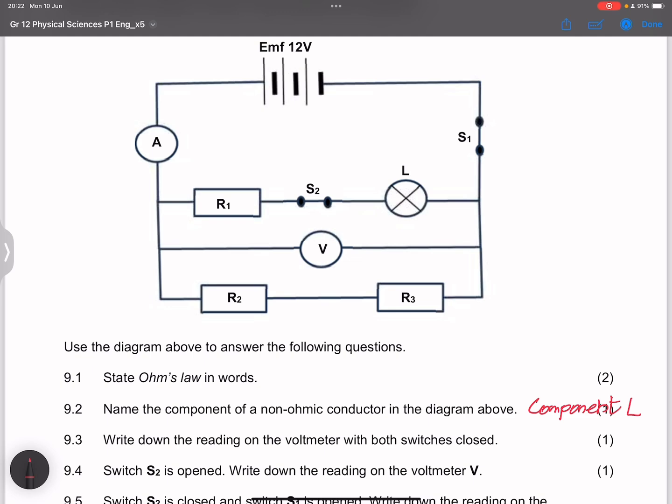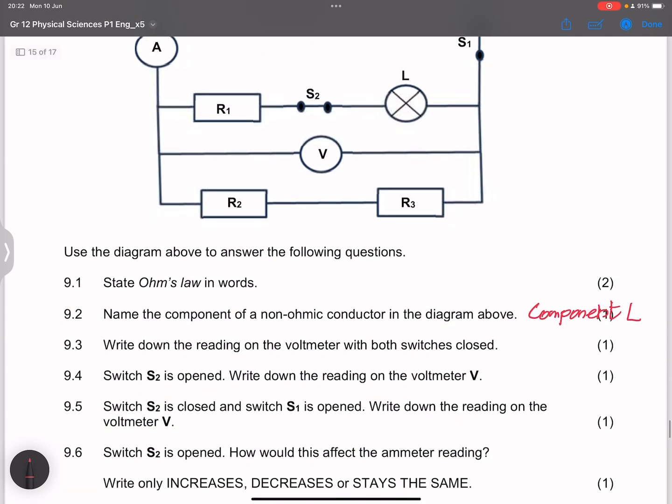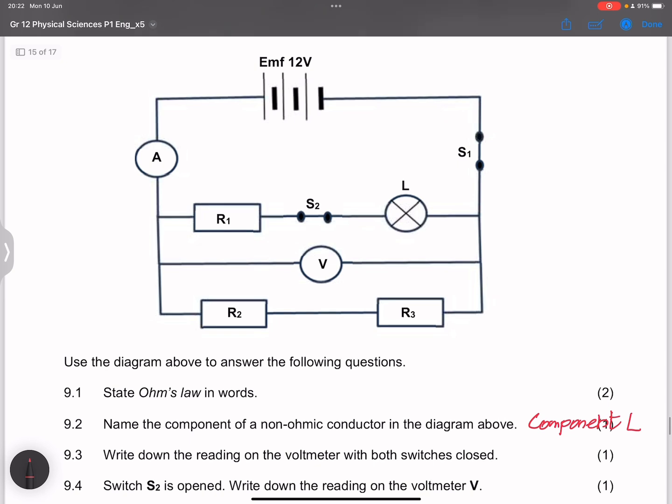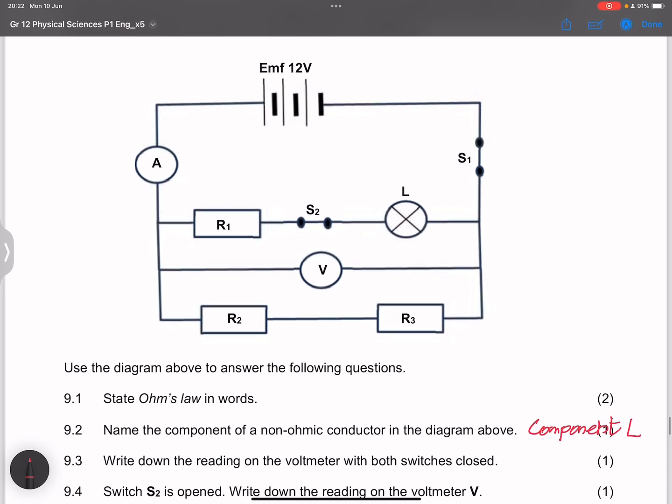Now they say write down the reading on the voltmeter with both switches closed. The voltmeter would be reading the parallel voltage, which means it's the same as the EMF.